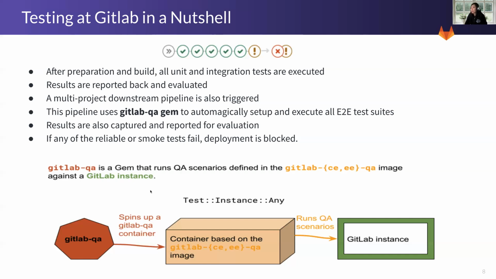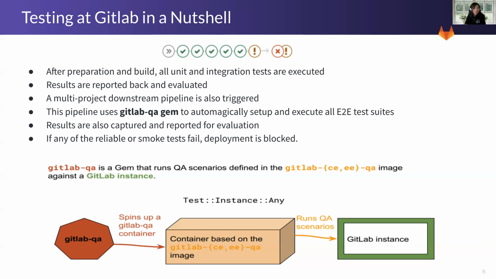Then in this container, we specify what kind of scenario we want to run, and run the test of that scenario against whatever GitLab instance we want, be it a staging environment, another Docker container that hosts GitLab itself, or our development toolkit, and so on and so forth.